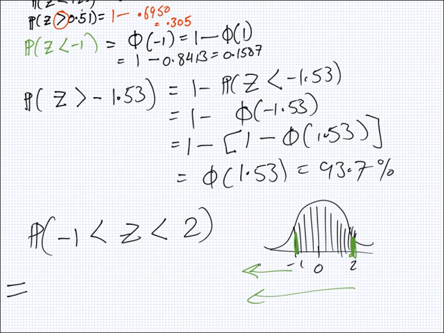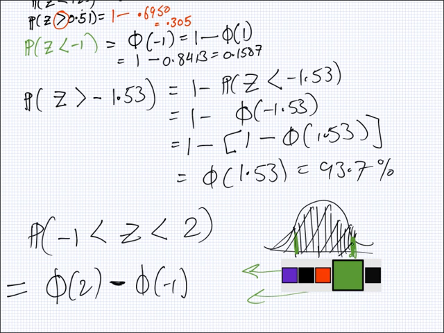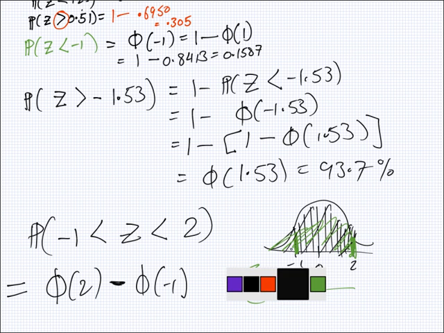Could be. So look, this area here will be between minus 1 and 2. So what you could do is get the area to the left of 2, but then you would have to subtract the area to the left of minus 1. If you take all this area, and then take away this area, you'll be left with what you want, which is this area here.